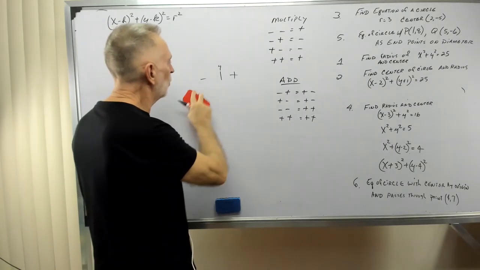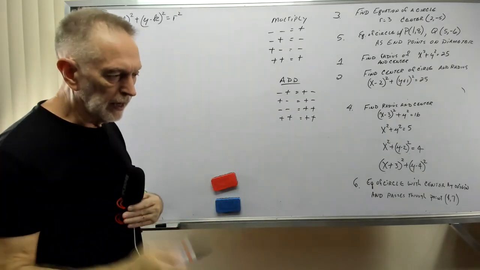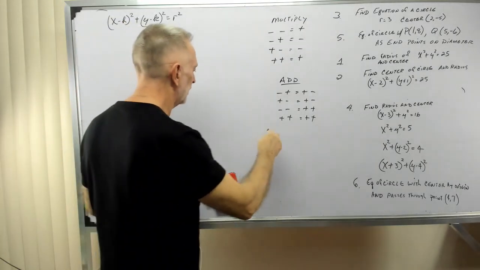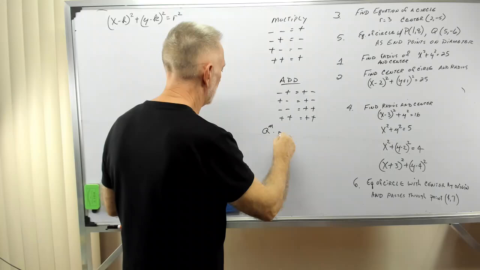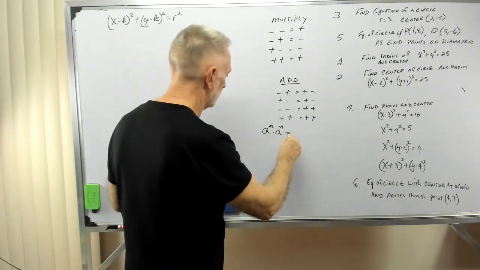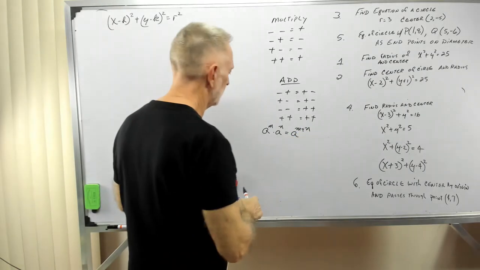Okay? One more set of rules and then we'll move on. Exponentials. If I have a to the m times a to the n, the rule says that's a to the m plus n.